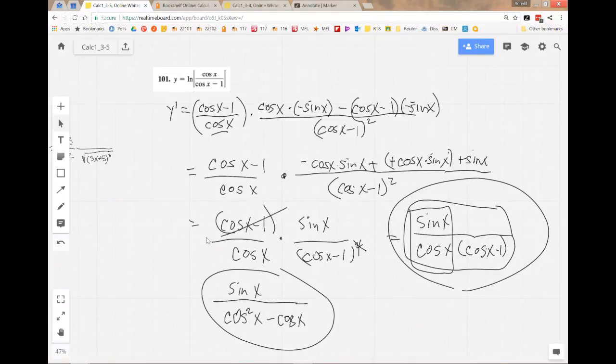Oh, so in other words, you wrote the natural log of cosine of x minus the natural log of cosine x minus 1 using log laws. Yeah, that's fine, Abby. That would have saved us a lot of work. Thanks. Good thinking.